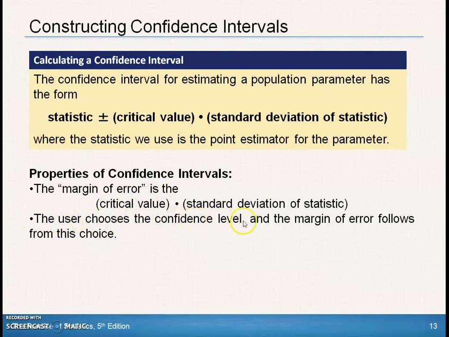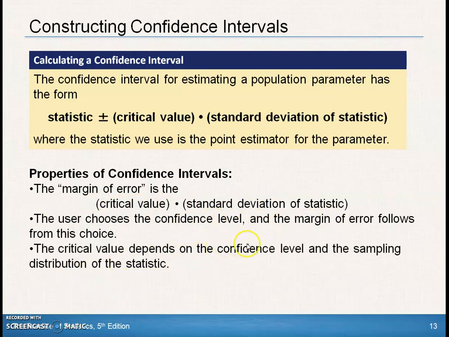User chooses the confidence level, and the margin of error follows from that choice. So when they choose 95%, that's what's going to drive this critical value. The critical value depends on the confidence level and the sampling distribution of the statistic, which is that standard deviation.